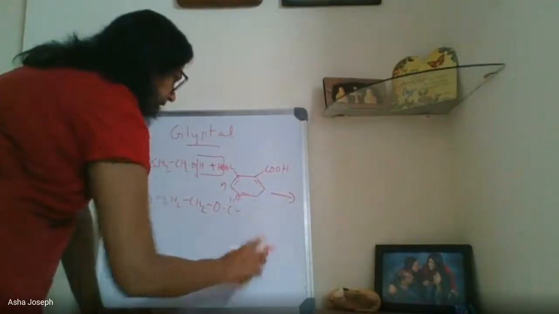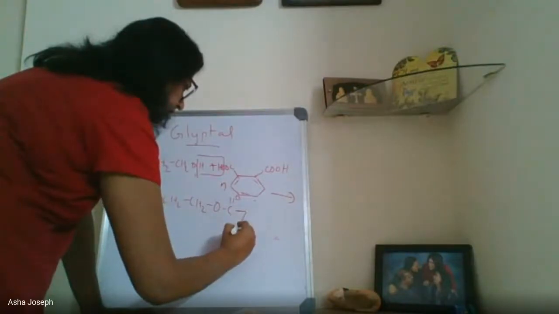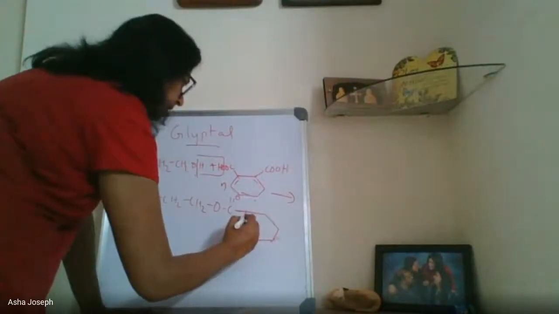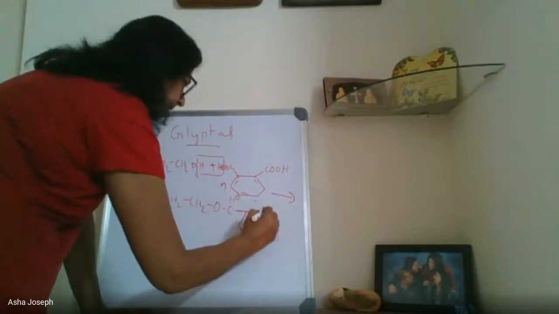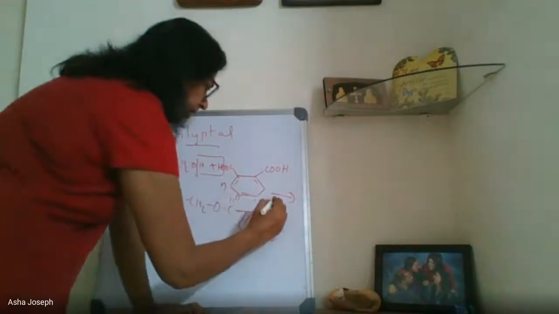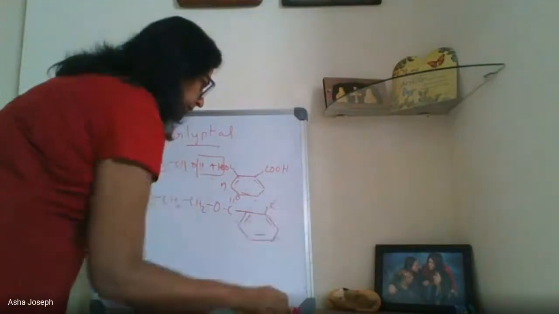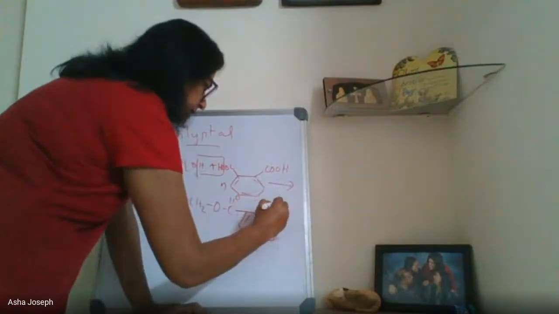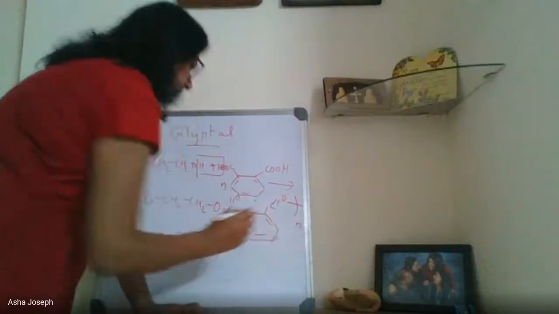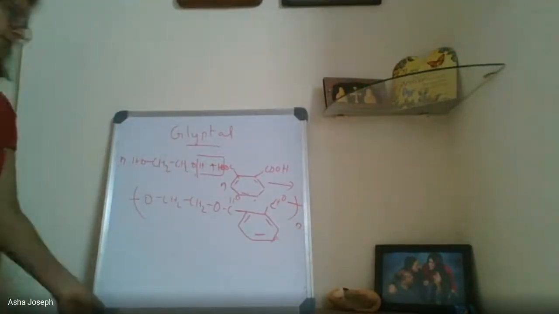Instead of that, I will write, otherwise you will get confused. Here, C double bond O. Here, I will put only C double bond O, then n times. You understood? This is glyptal.